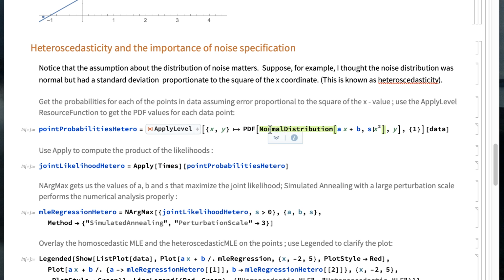Okay? So this is our same computation as before. We're going to compute the symbolic PDF using a symbolic normal distribution, and apply it to our data points and try to get the PDF values for the y value. Okay?